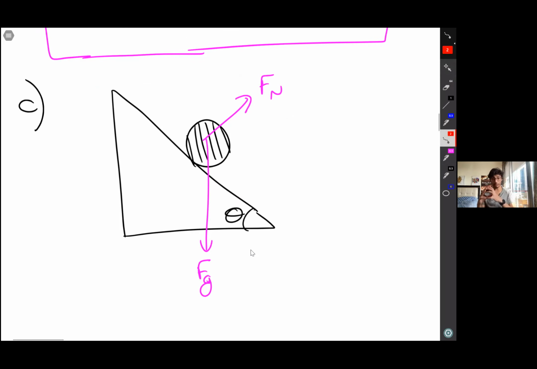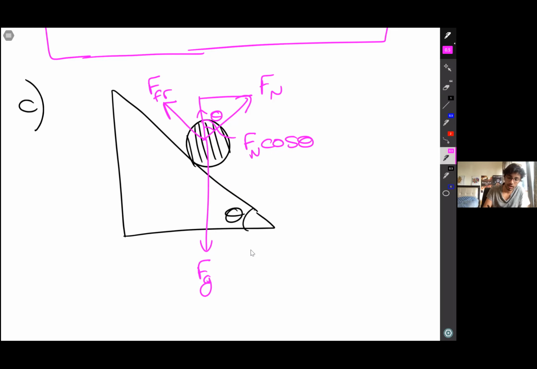And thus, because it moves down the inclined plane, frictional force acts upwards, so up here. So let's draw it up here, F frictional. And now let's resolve once again into its components.